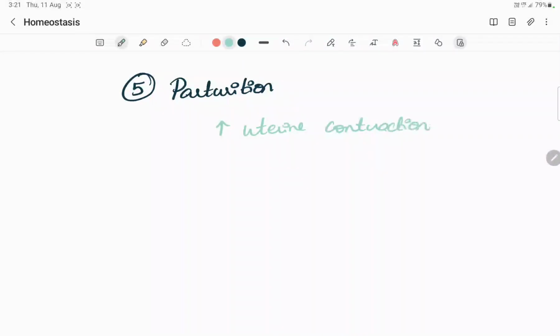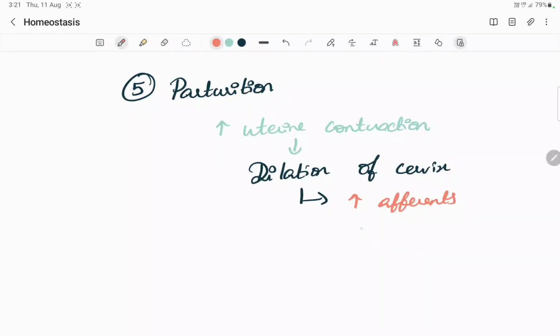Okay, increase in uterine contraction leads to dilatation of the cervix. This causes an increase in afferents and an increase in oxytocin, together causing an increase in the uterine contraction.